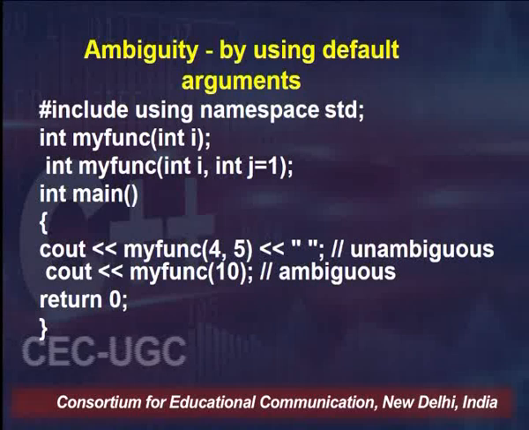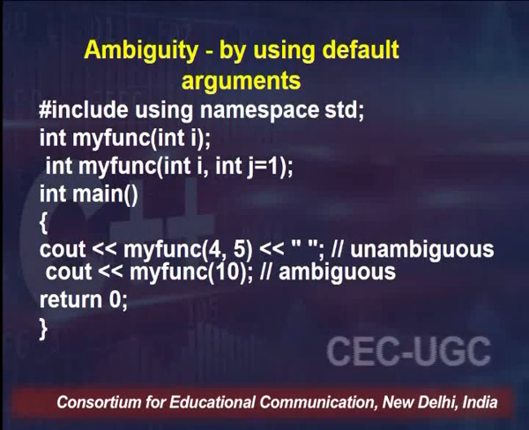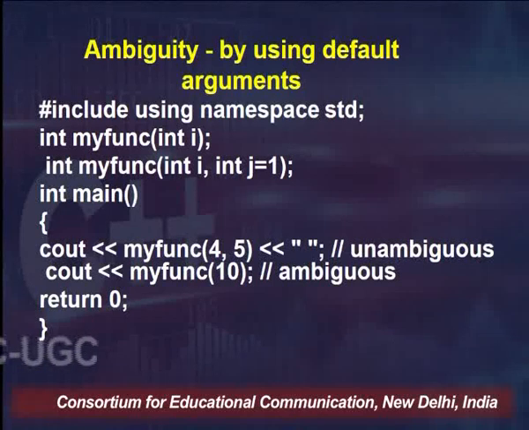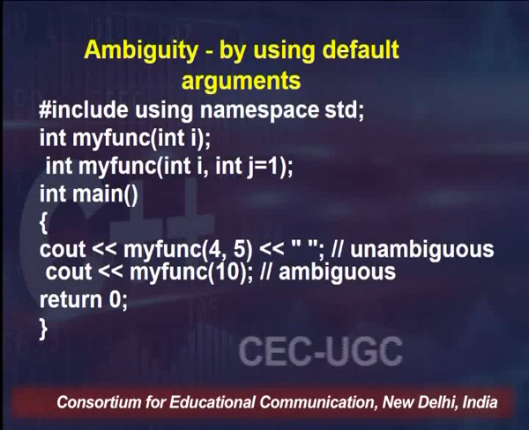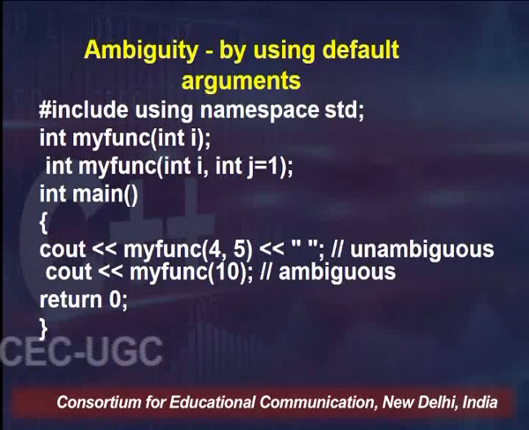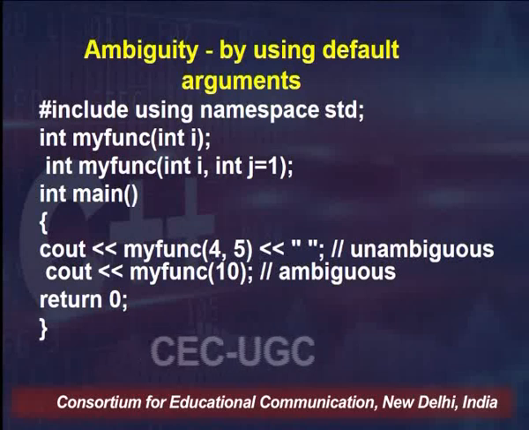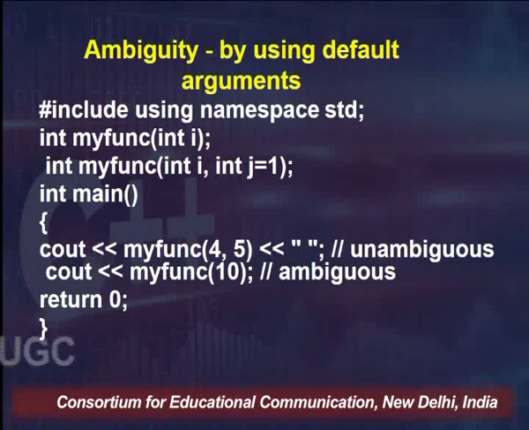One has the parameter integer i, and another has the parameter integer i and a default argument, j equals 1.